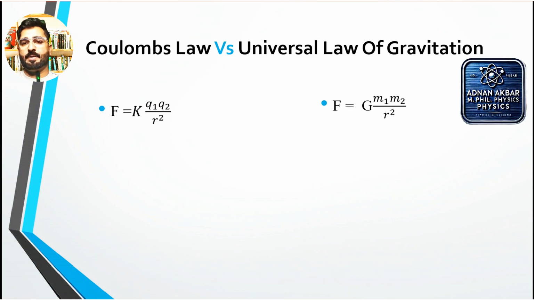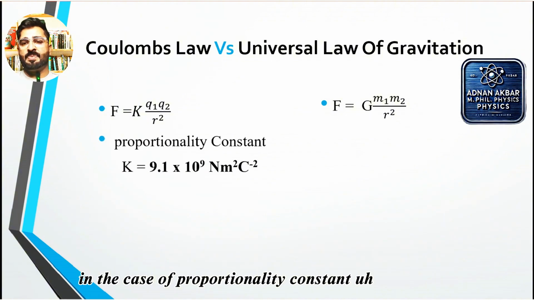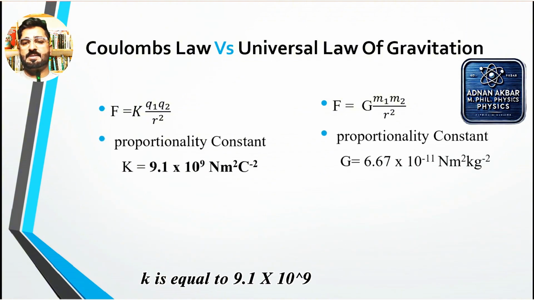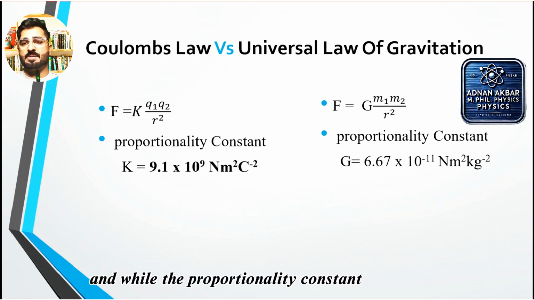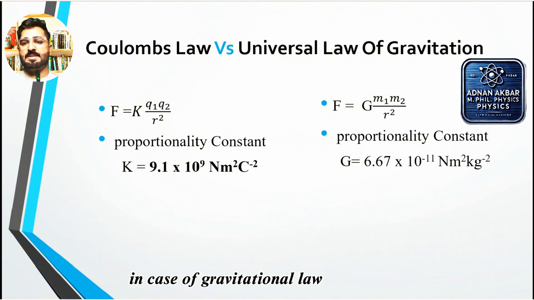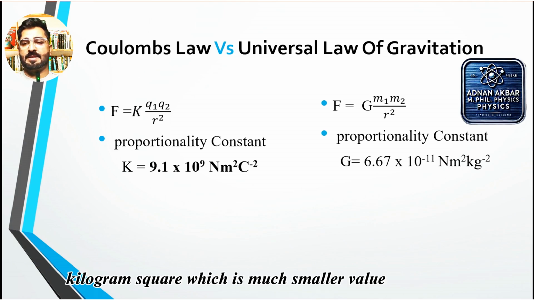In the case of the proportionality constant, K is equal to 9 cross 10 to the power 9 Newton meter square per Coulomb square, which is a much larger value. While the proportionality constant in the gravitational law, G, is equal to 6.67 cross 10 to the power minus 11 Newton meter square per kilogram square, which is a much smaller value.